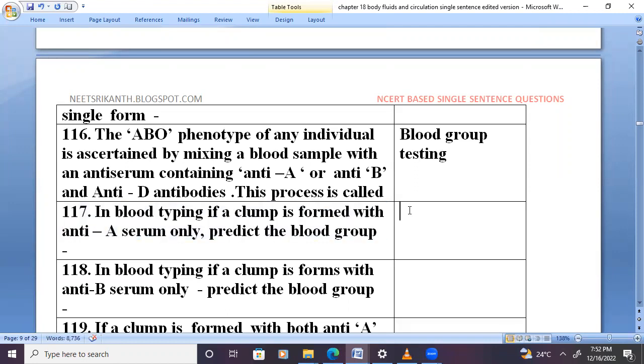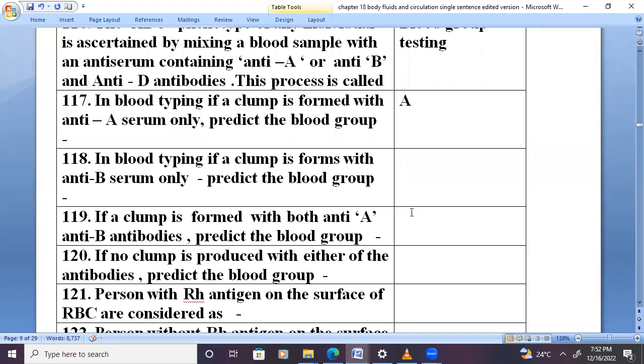In blood typing, if a clump is formed with anti-A serum only, the blood group is A. If a clump is formed with anti-B serum only, it is B blood group. If a clump is formed with both anti-A and anti-B antibodies, that is AB blood group. If no clump is produced with either of the antibodies, that is O blood group.